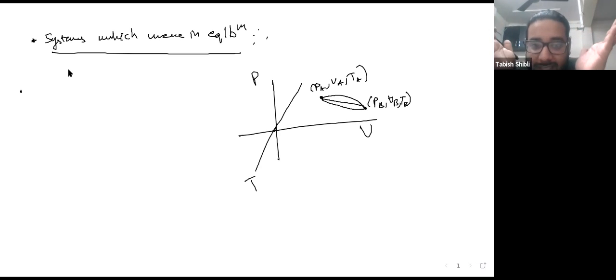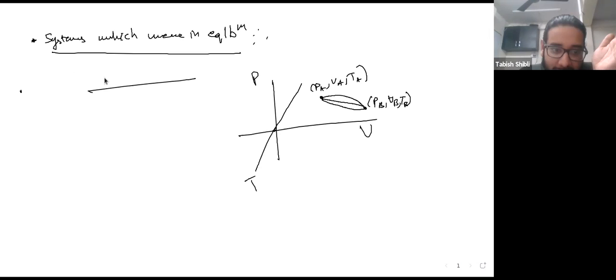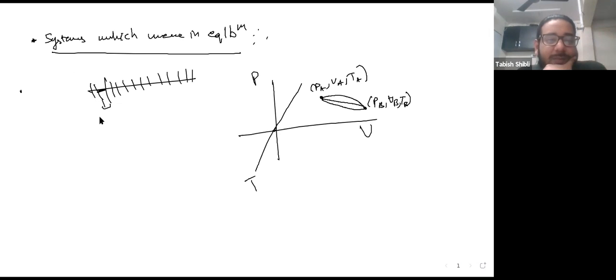So you can only study equilibrium things. To study changes, you cut all these changes down into such small parts that in this small part the system is in equilibrium, and in this part the system is also in equilibrium, but a different equilibrium.